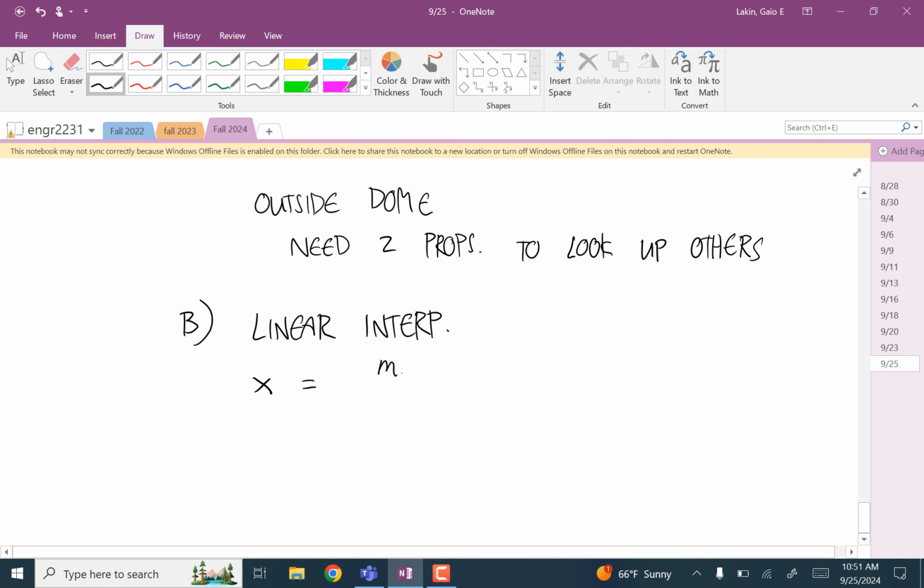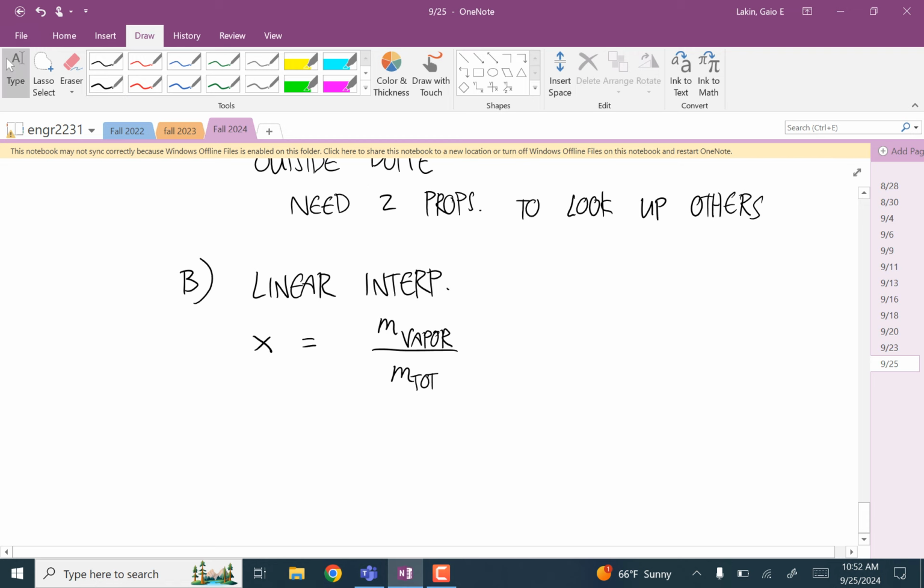So the quality is the mass that's vapor divided by the total mass. And if you have the quality, then for any property, the property of your specific mixture is the quality times that property for the saturated vapor plus 1 minus the quality times the property for the saturated liquid.